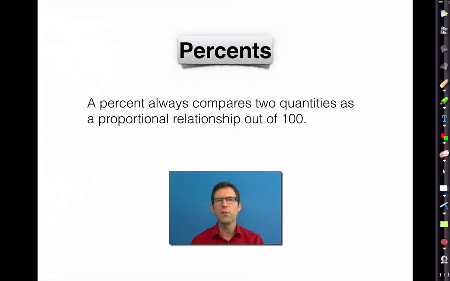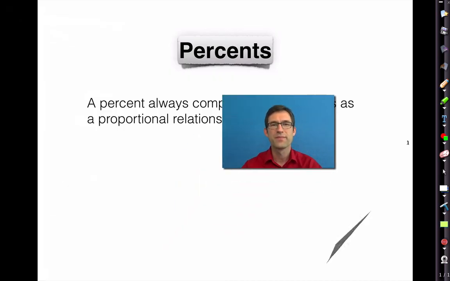Even when the test only has 25 questions on it, you still understand that 82% means you got the great majority of them right, and very few of them wrong. So what we're going to do today is work with percents, but this really should be a review. So let's dive right in.